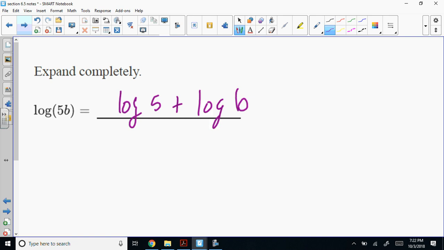Anytime they're tied together by multiplication, you separate them with a log, plus the log of the other, right? If there's no base, it's known or understood to be a common log, which would be a base of 10. I could turn around and do this, and it isn't going to matter because it's understood. A log with no base is understood to have a base of 10.